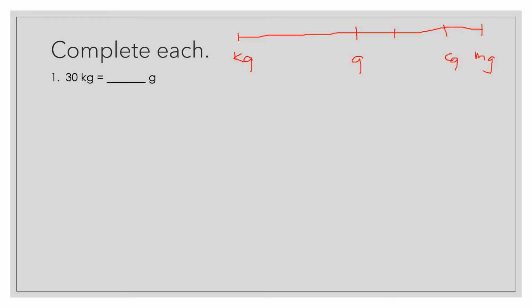We have the centigram and the decigram, then the decagram and the hectogram. Since this is kilogram, ilan yung dito? Move natin, 1, 2, 3. That means we multiply by 1,000. So, 30 times 1,000 is 30,000.